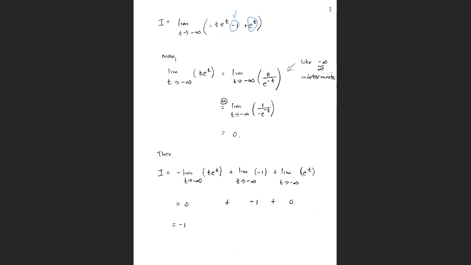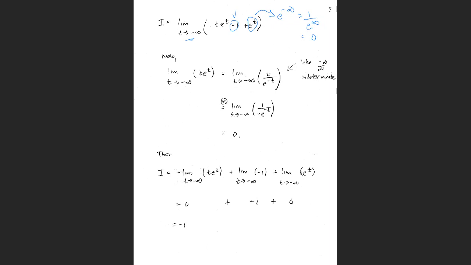E to the t, as t goes to negative infinity, is going to approach e to the negative infinity, which is like 1 over e to the positive infinity. And what would that be equal to? 1 over a very, very big number would be closer and closer to 0. Very good, Jonathan. That's right. So there's no problem with that limit.